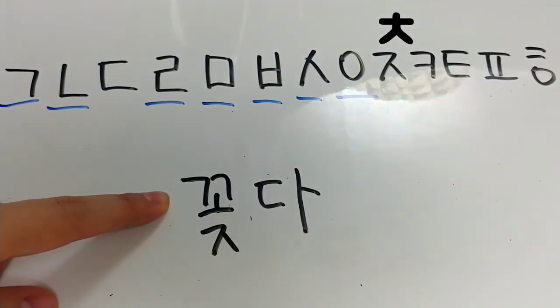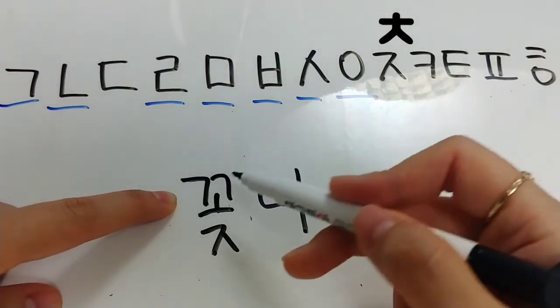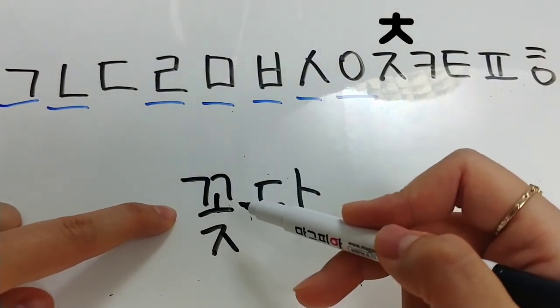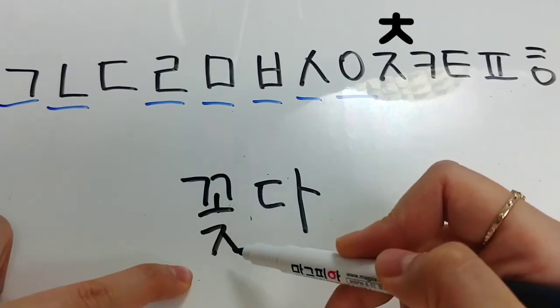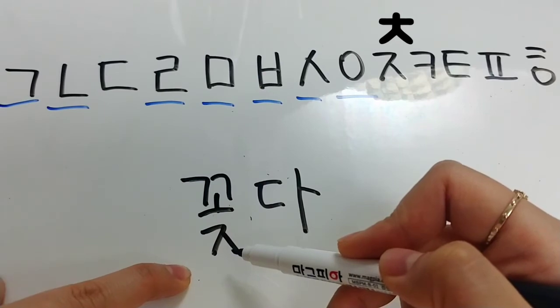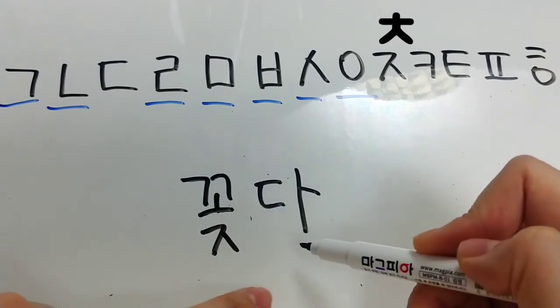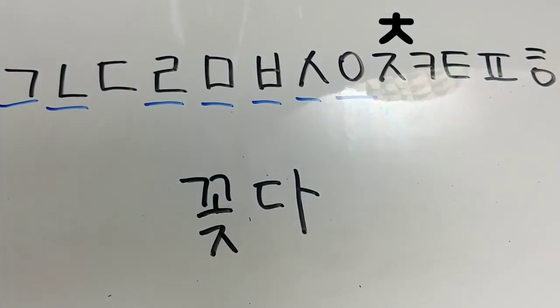Yeah, this is the double consonant, 쌍자음. So this is 쌍기역, so not 고, but 꼬. 쌍기역 오 is 꼬, a little bit stronger than 고. And this is 지읒, so you can read this 꽂다. 꽂다 means insert.